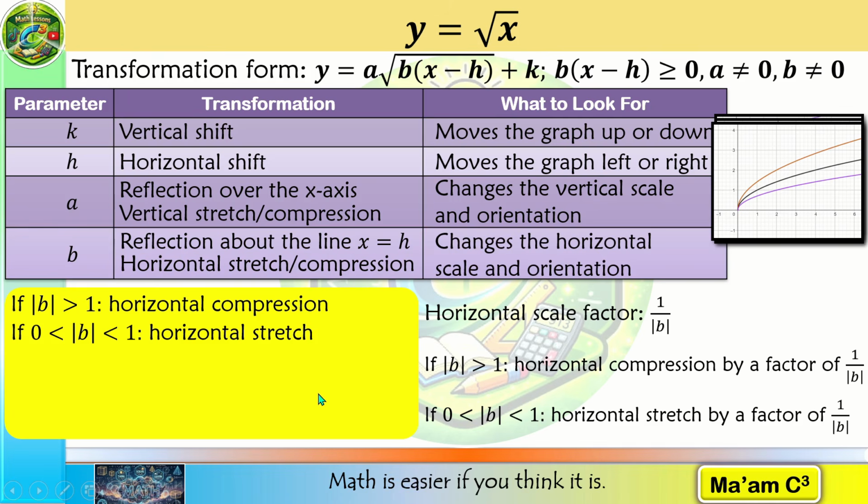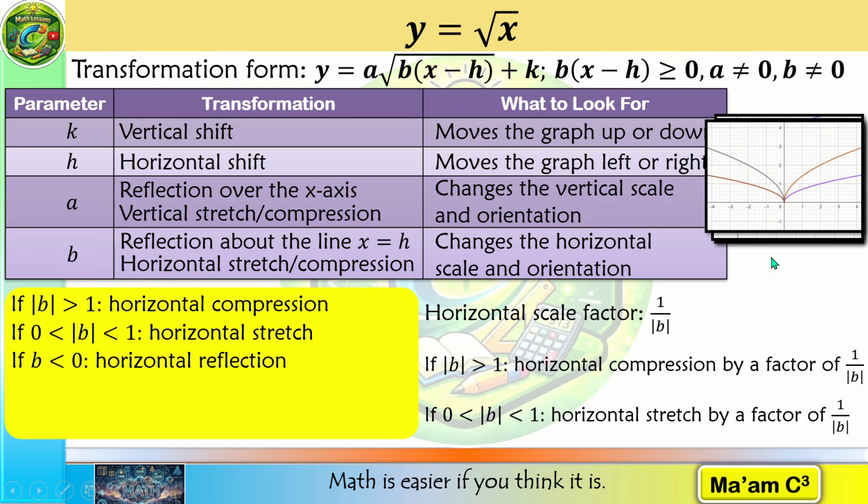Now, what if b is less than 0? It means it's negative. Let's recall our graphs earlier. So again, this is the graph of the square root of 2x. And when I put a negative, it became the square root of negative 2x. Since b causes a reflection about the line x equals h, our graph reflects along x equals h.